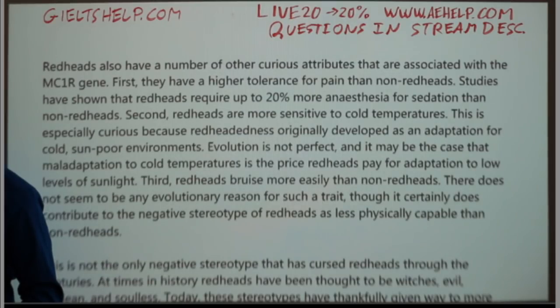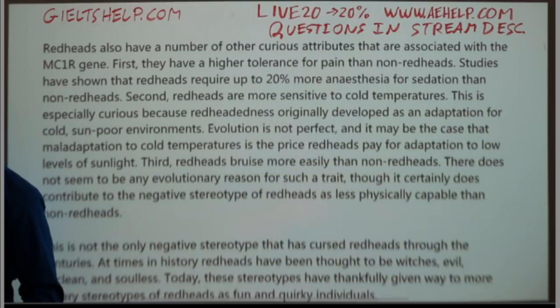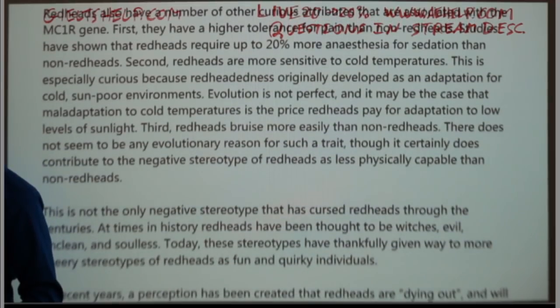Second, redheads are more sensitive to cold temperatures. This is especially curious because red-headedness originally developed as an adaptation for cold, sun-poor environments. Evolution is not perfect, and it may be the case that maladaptation to cold temperatures is the price redheads pay for adaptation to low levels of sunlight.